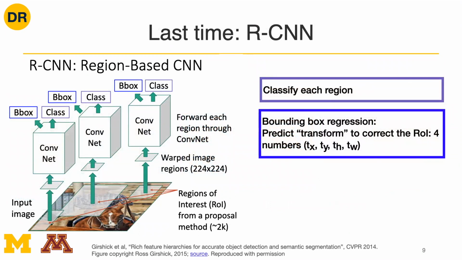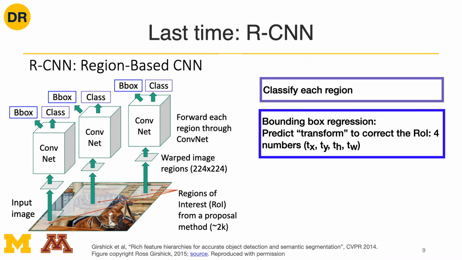Two outputs come out of RCNN: one is the classification of a detection, and the other is a bounding box regression, which in this case is a transform with respect to the region of interest that was given to the convolution network. To give a recap, on the left side we have an input image, and there's a black box region proposal. We'll talk about that towards the end.